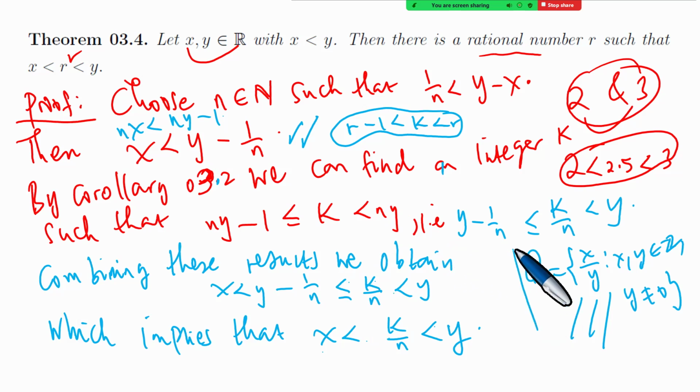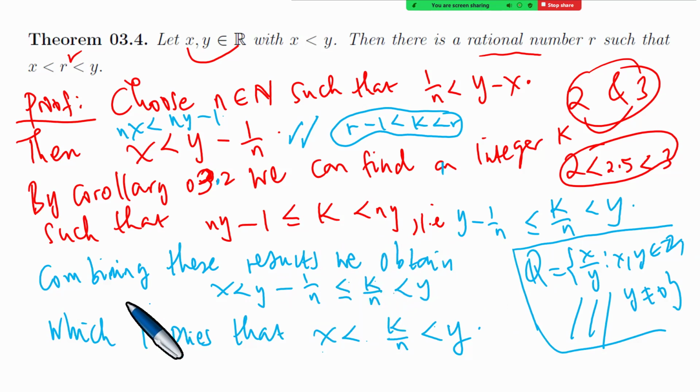And that is to say, we can divide through, because the k came from the previous corollary. So now we divide through by n, getting y minus 1 over n, and k over n, because the natural number is not 0.